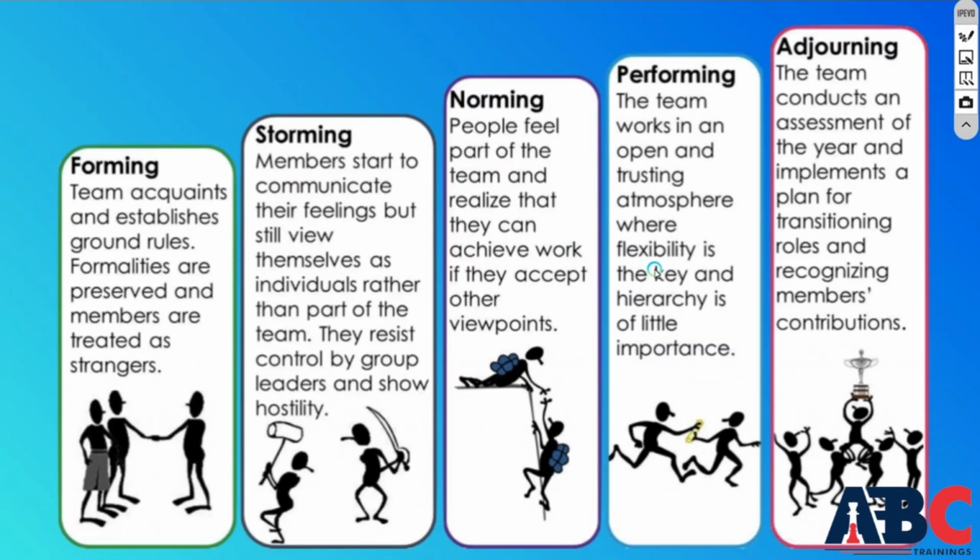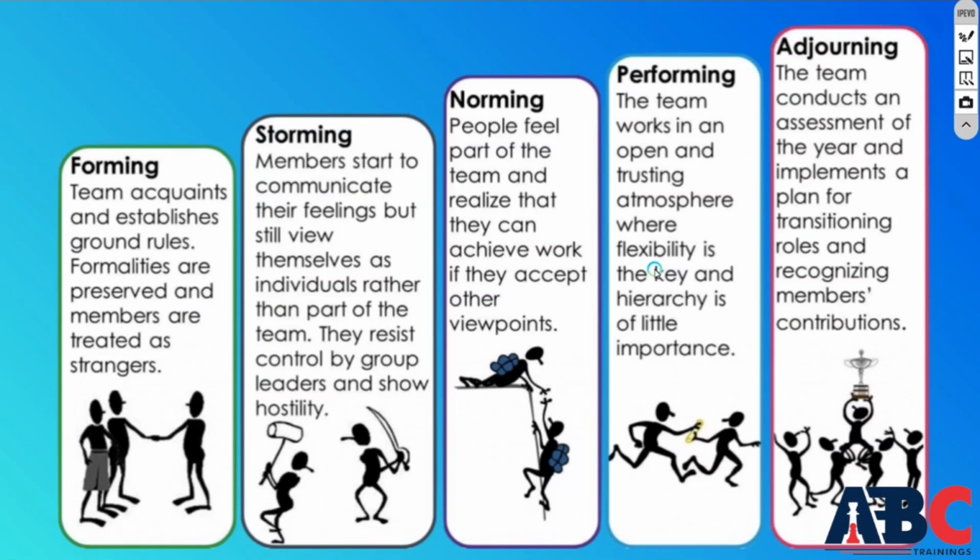When you hire a team, you acquire them, so you establish the ground rules. You have to form some ground rules so that the formalities of each member are preserved and they are not treated like strangers. We call it forming.